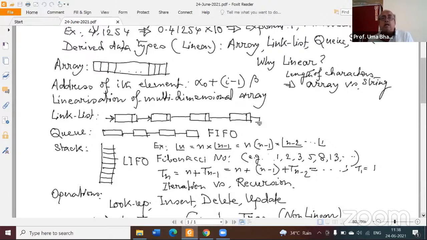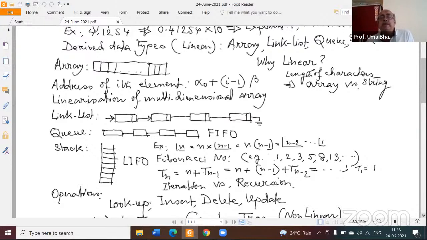And remember, delete and update are basically secondary operations. For delete and update, first you have to look up, so this is a composite operation. Lookup is the basic operation, and insert is also a basic operation. It has got nothing to do with the other three. So for these data types, you just think about yourself which one is more suitable for which kind of jobs.